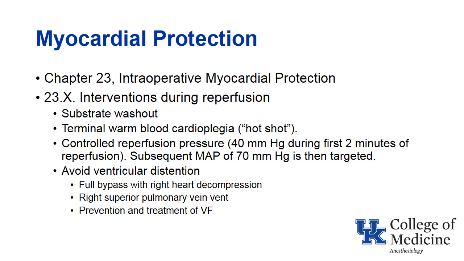It is most important to avoid ventricular distension, and this can be accomplished by maintaining full bypass with right heart decompression, the use of right superior pulmonary vein vent, and the assiduous prevention and treatment of ventricular fibrillation.